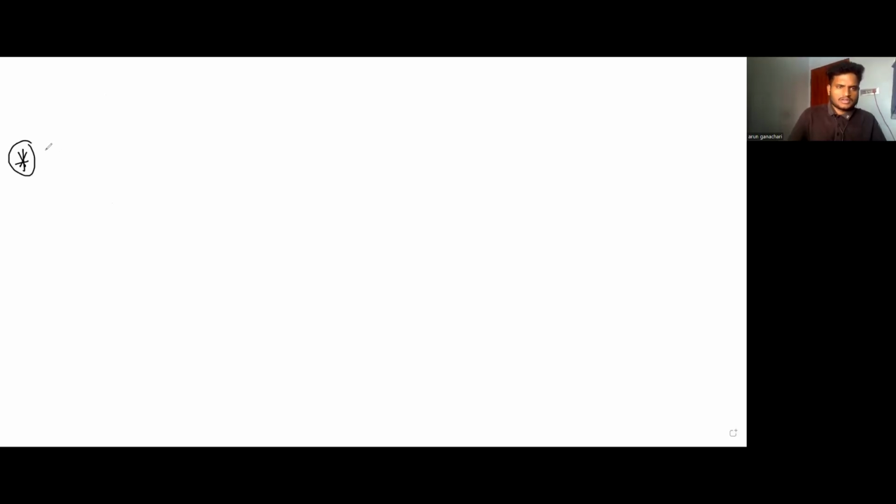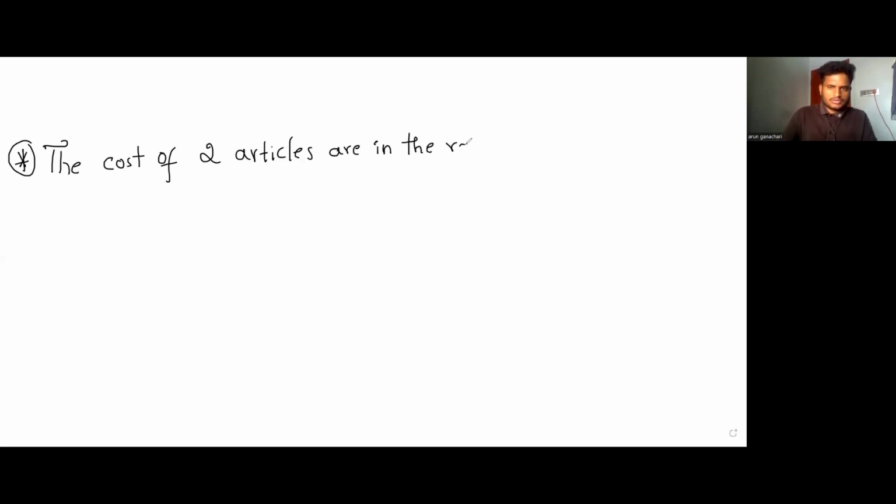On the question, the cost of two articles are in the ratio 3:5.